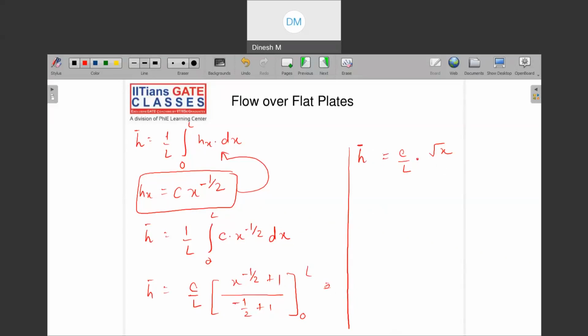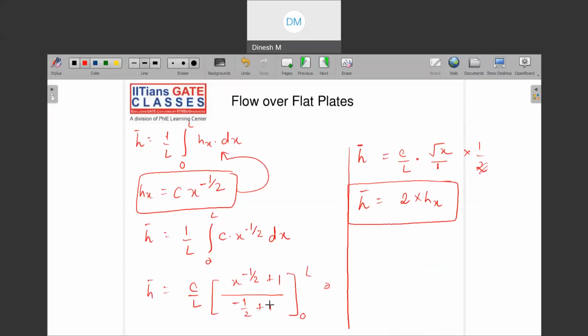And this is minus 1 by 2, this is 1 by 2 only, right? So can I see that this is C root x, and this is nothing but hx.